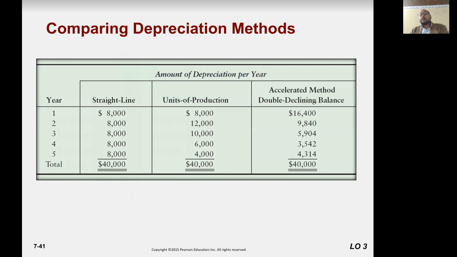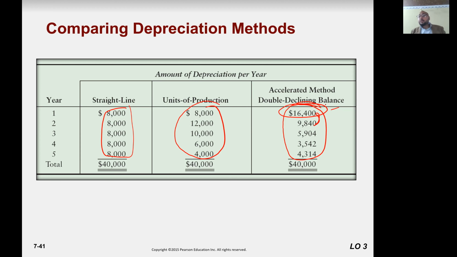If you compare the methods here, straight line generates even depreciation expense over the years. The unit of production generates uneven, and the double declining method generates the highest, almost double depreciation during the first year.